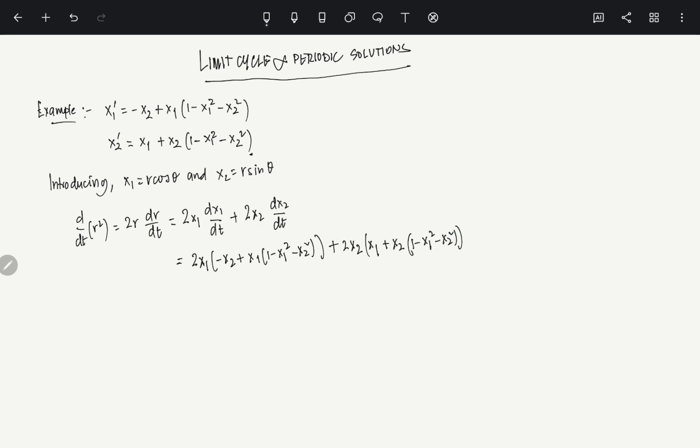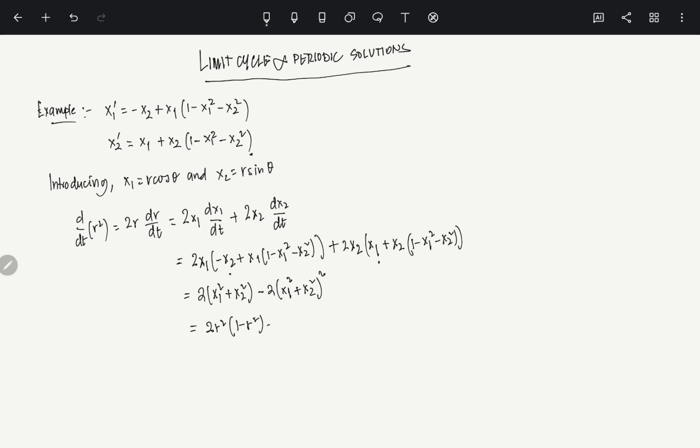Putting everything together, the cross terms cancel. Essentially 2x1 square and 2x2 square remain, so it is 2 times (x1 square plus x2 square), and then minus 2 times (x1 square plus x2 square) squared. That gives you 2r square times (1 minus r square).